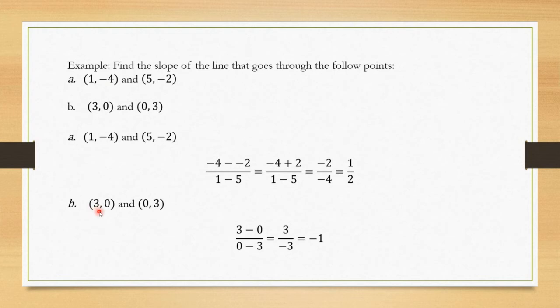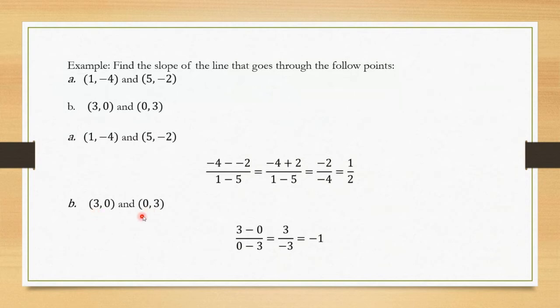Same over here. x is actually decreasing, from 3 to 0, but notice the y values increase. One is increasing while the other is decreasing. That's why the slope has to be negative. Or you can think of it this way: this x is 0, this x is 3.